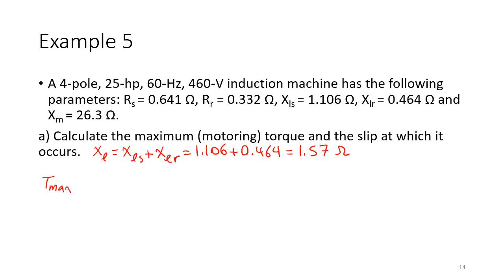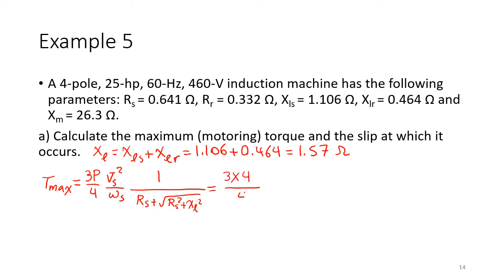So T max is equal to 3p over 4 Vs square over omega s, times 1 over Rs plus root of Rs square plus XL square, which is 3.4.